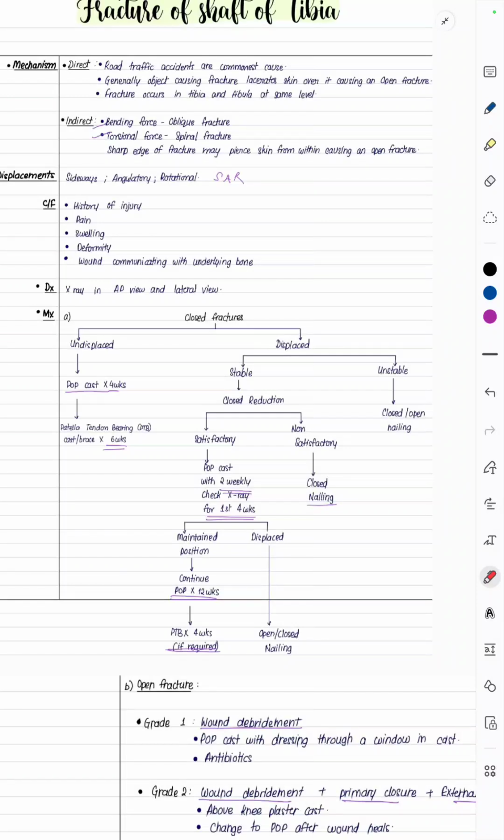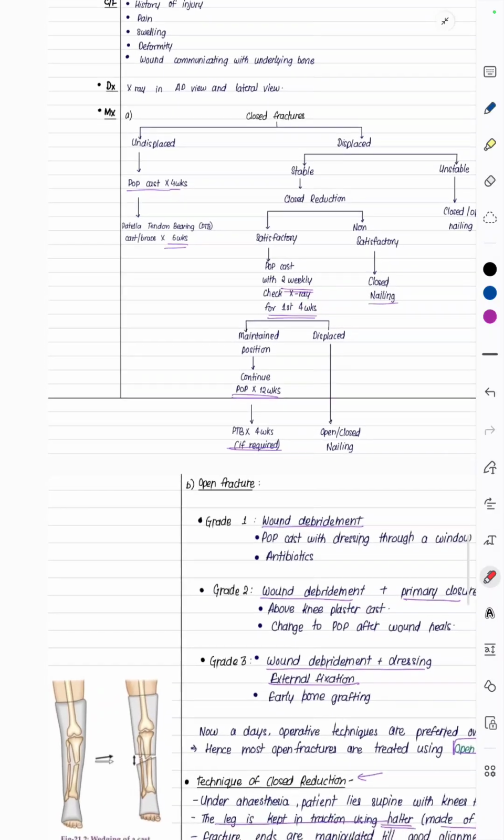If closed reduction is found to be satisfactory, you have to check it every week for the first 4 weeks. If the position is maintained, then continue with the POP cast for 4 weeks, followed by a patellar tendon bearing cast for 6 weeks. If it's not satisfactory, then you have to do a closed nailing. And if the patient is unstable, then closed or open nailing of the fracture is required.